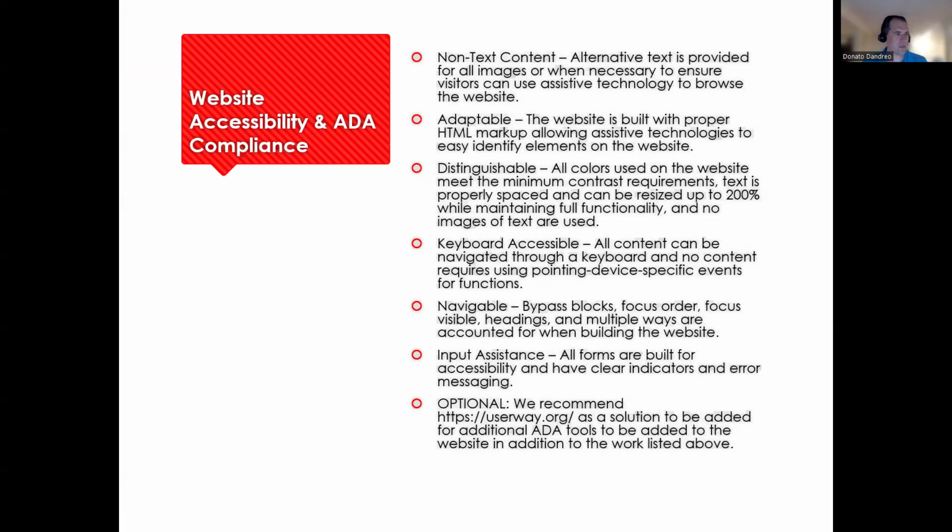Alt text on images is really important. So anytime you add an image to a website, it's important to fill in an alt text field. And what the alt text does is, if somebody can't visually see the screen to be able to know what an image is on the screen, it's text that describes what that image is.